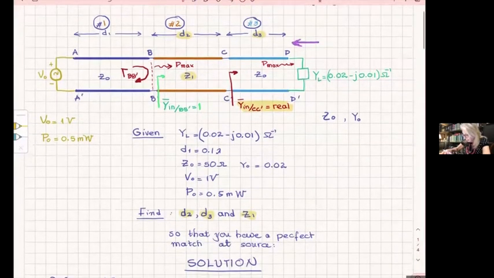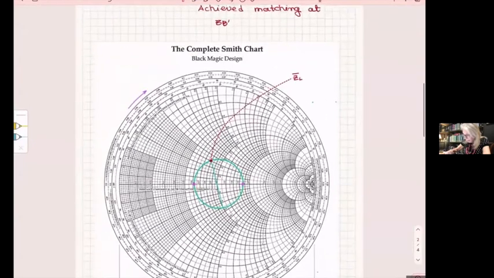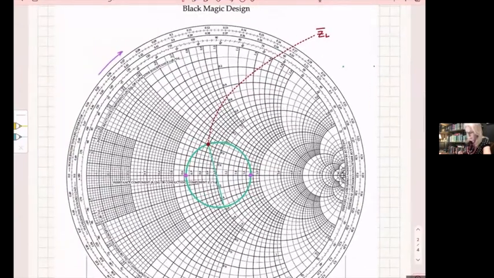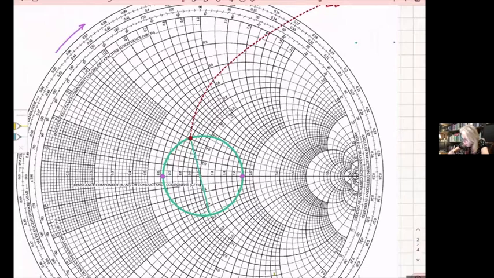So the only way to do that is by moving along this direction, the purple one that I have indicated. From where you are, ZL, if you move like that, the first point you're going to find is the one with the larger impedance, which is fine. But if you want to find the one with the lower impedance, there is no reason to choose one or the other. The only difference is that you're going to pay a penalty of increasing the length of your line.